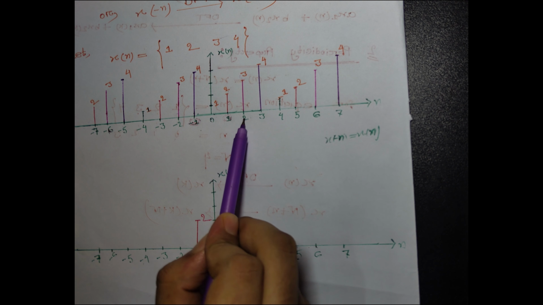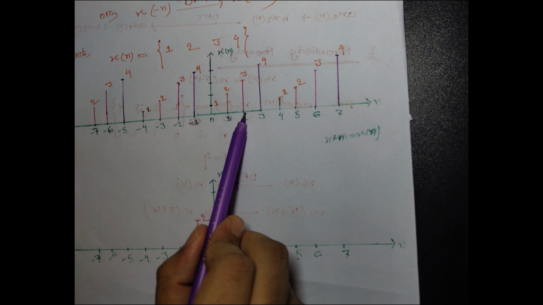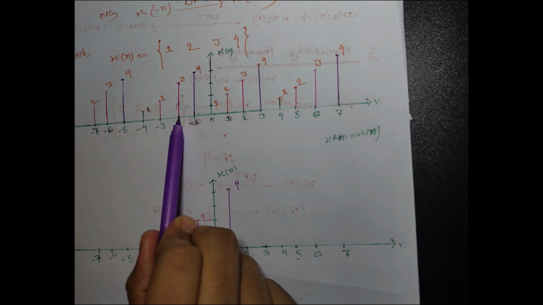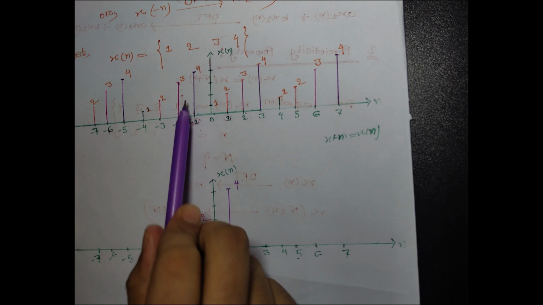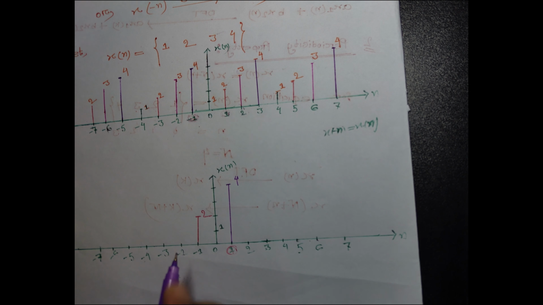That means this value will be replaced with the value at n equal to minus 2. At n equal to minus 2, the value is 3.